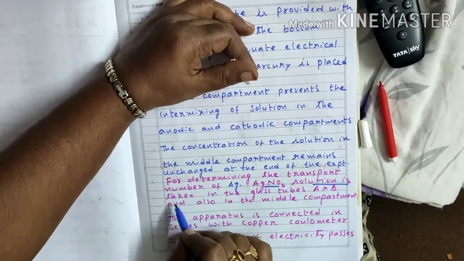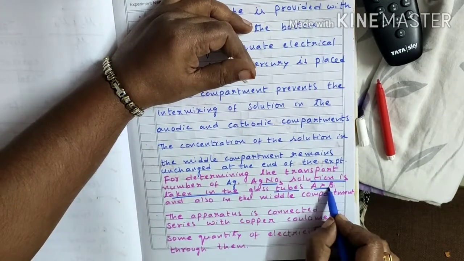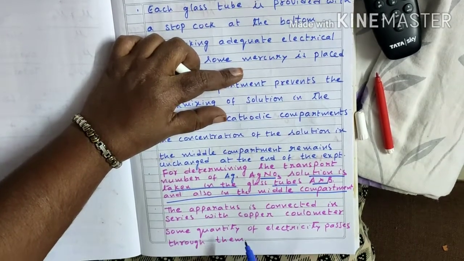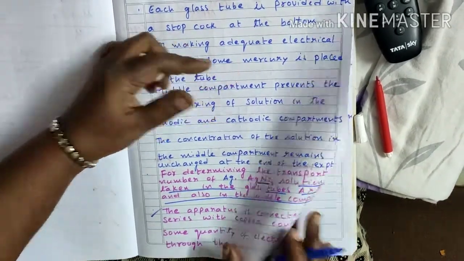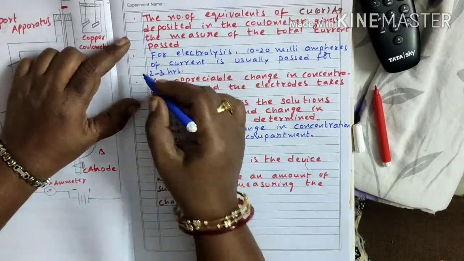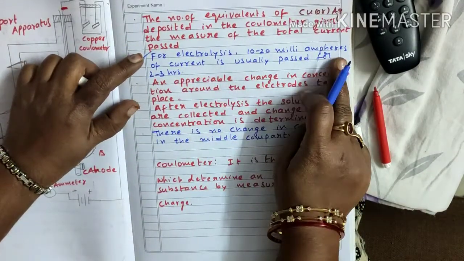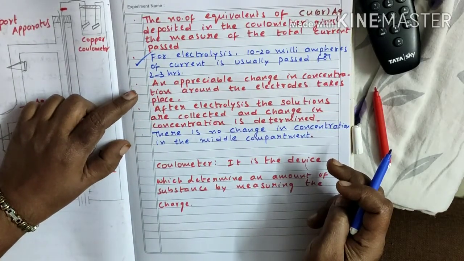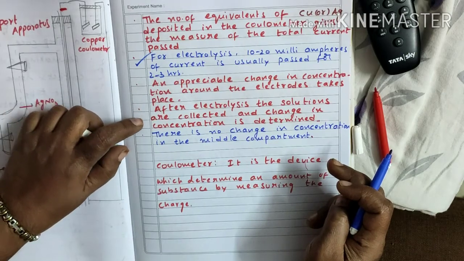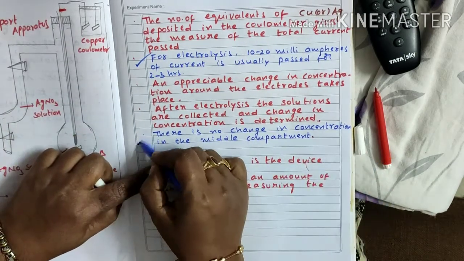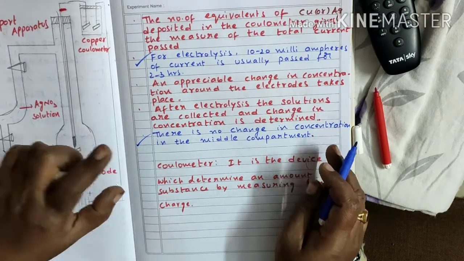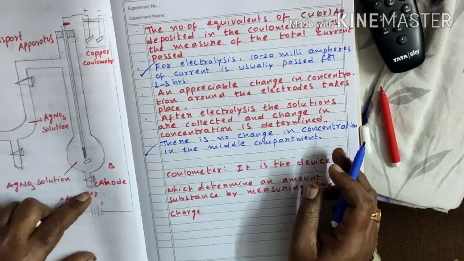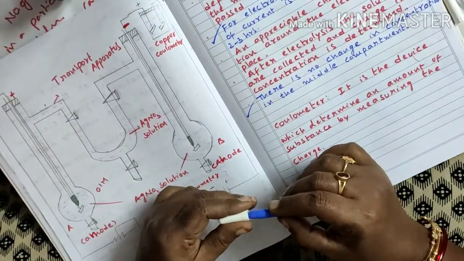Silver nitrate solution is taken in glass tubes A and B and also in the middle compartment. The apparatus is connected with a copper coulometer. For electrolysis, 10 to 20 milliamperes of current is usually passed for 2 to 3 hours. There is no change in the concentration in the middle compartment. At least write those points, draw the diagram perfectly and label it. Then we get very good marks.